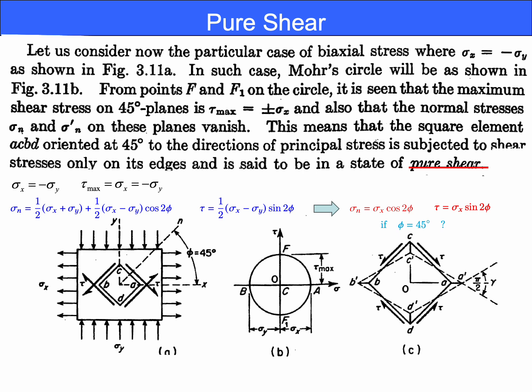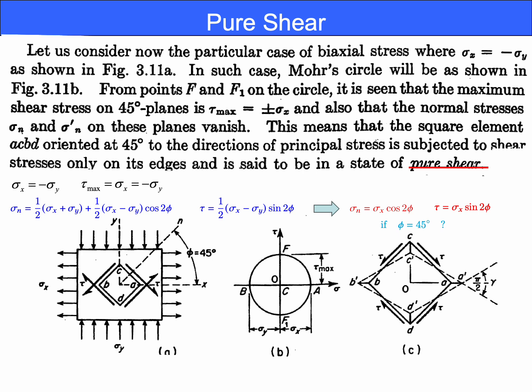This means that if we consider a square element ABCD oriented at 45 degrees in the plate under the biaxial state sigma y equals minus sigma x as shown in the left figure, there is no normal stress on the virtual plane.